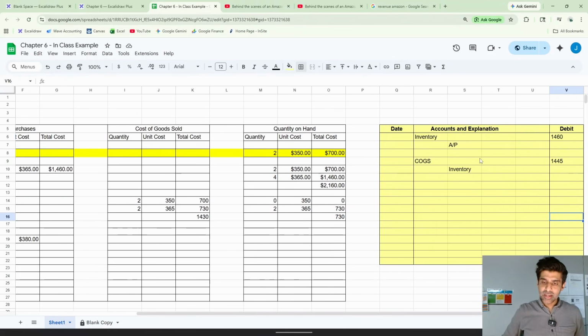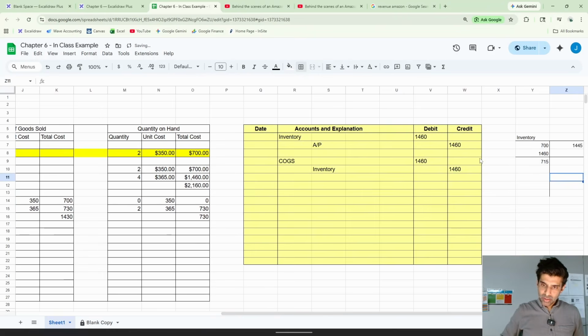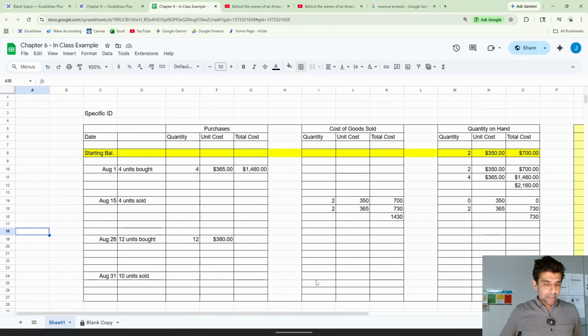So then it would have changed this to 1460, and then this would have been 1430. Okay, so now you can see this 730 and this are also reconciled. So now let's just go with this.